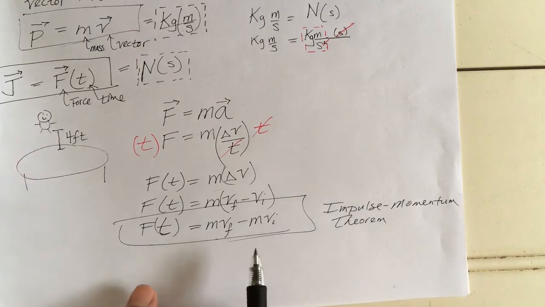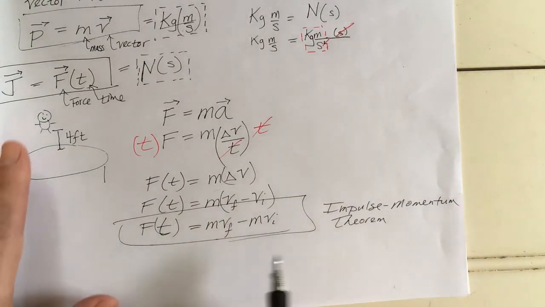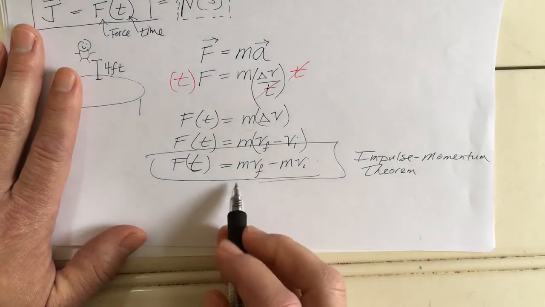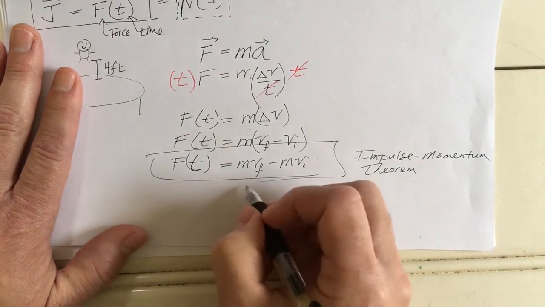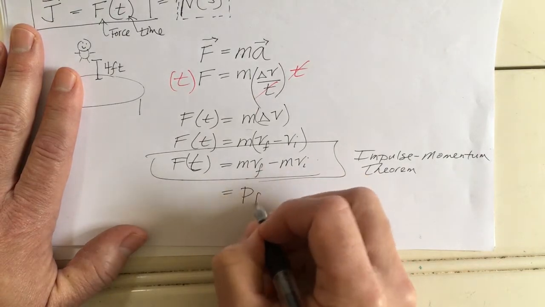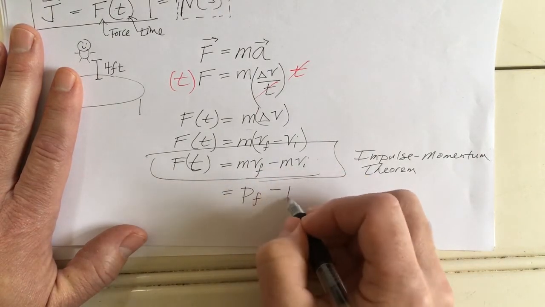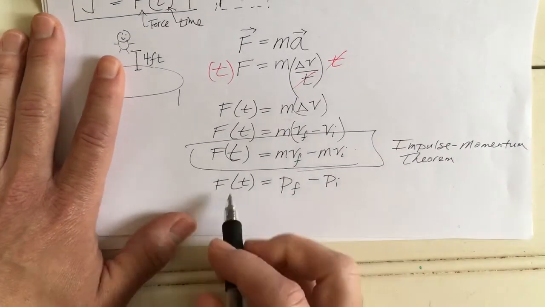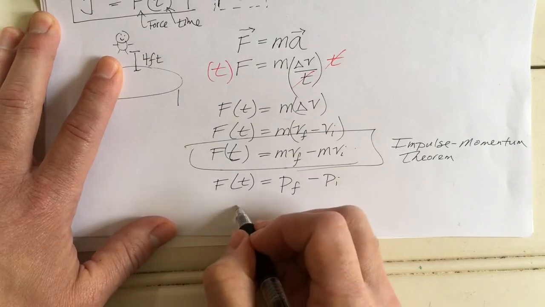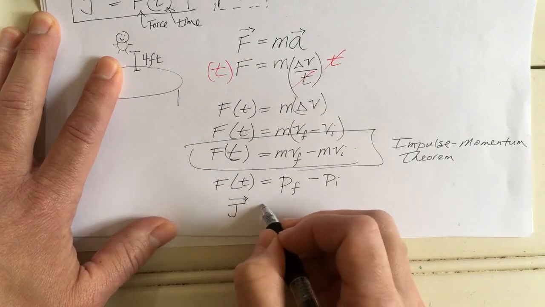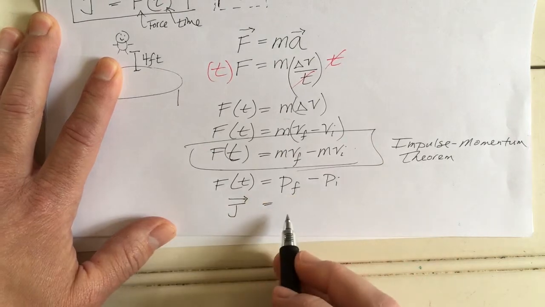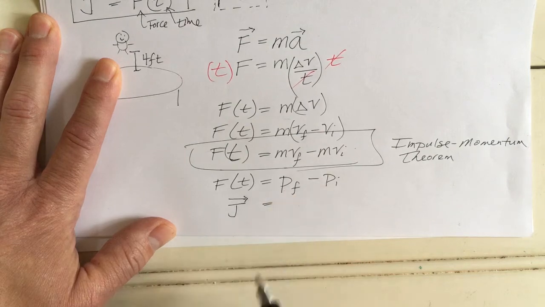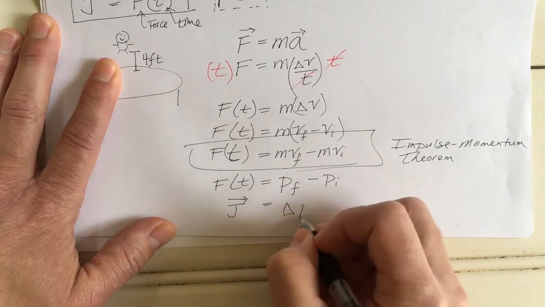And this relates the 2 ideas from before. Let's look at why. If I come back to this formula, this right here is just mass times final velocity, so I could think of that as pf. And I could think of this as pi. And then finally, I can rewrite F times t as J. And what's pf minus pi? You remember? When we have a final minus initial, we can say it's delta momentum.